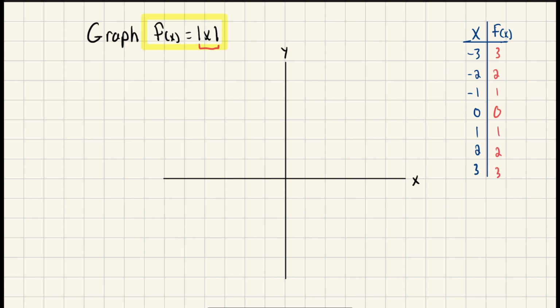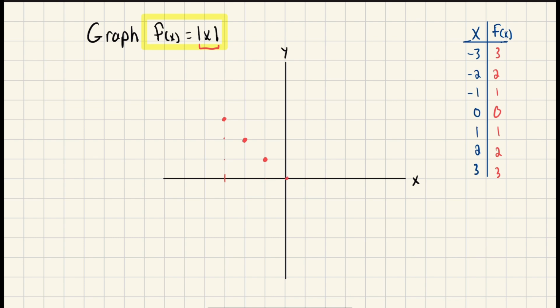And if we were to plot those points, let's start at negative 3, you would have a y value of 3, so I'd plot a point here. At negative 2, there'd be a y value of 2, and at negative 1, there'd be a y value of 1.